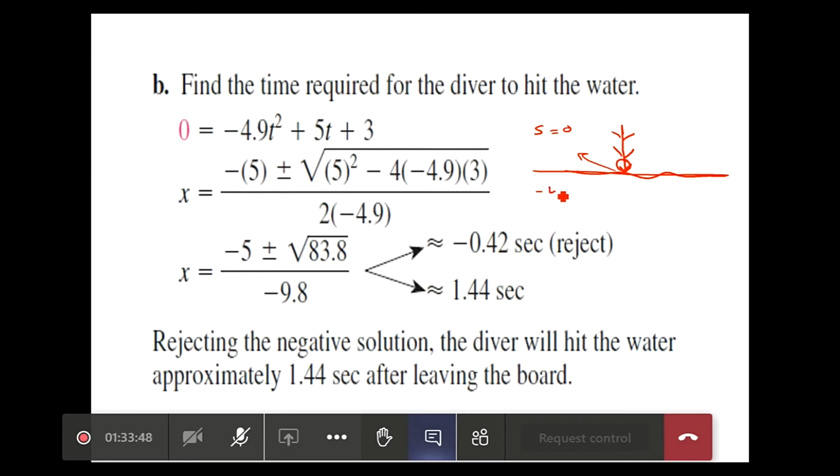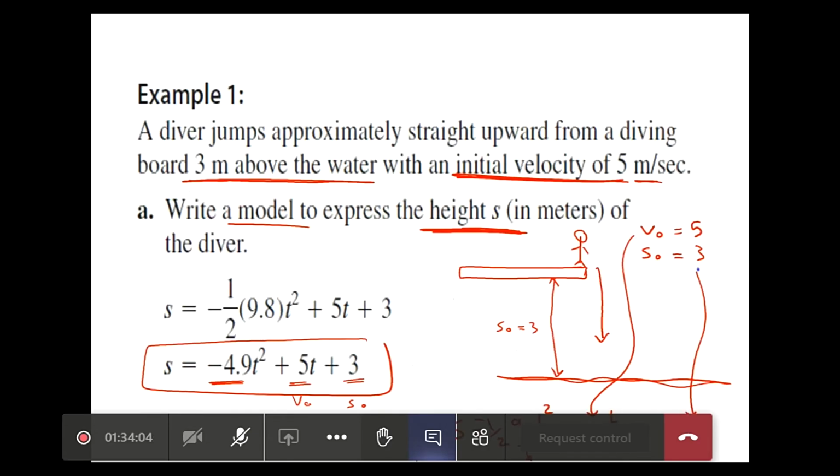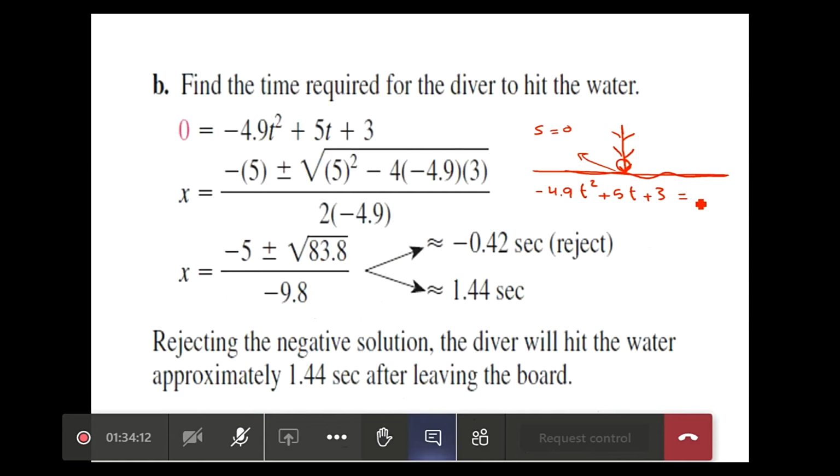So we have negative 4.9 t squared plus 5t plus 3. This is the equation of S in the previous slide. This must equal 0, and we need to find the time the diver reaches or hits the water.